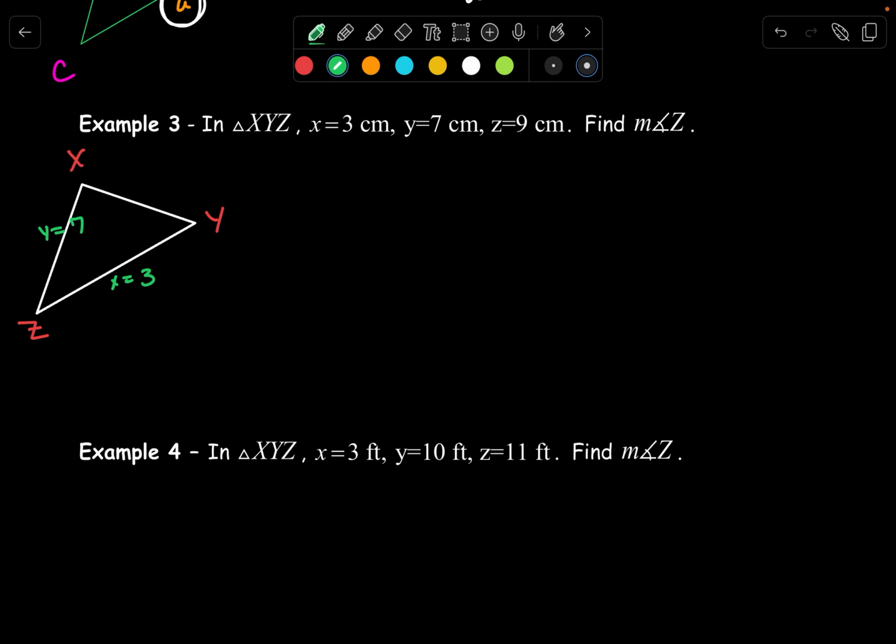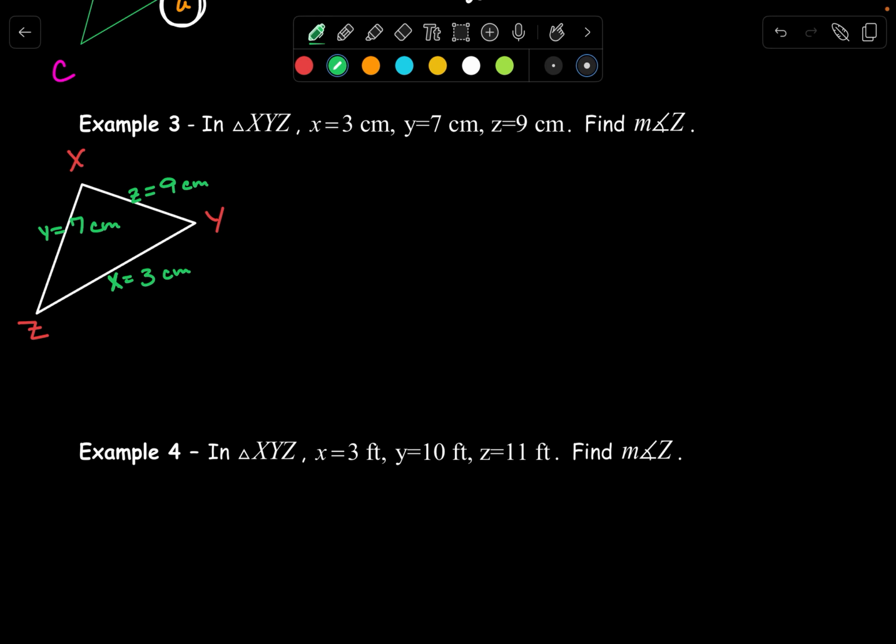Your triangle doesn't have to be perfect like on mine. There's no way that X is the longest side, but also the shortest. So your picture accuracy isn't hugely important. You just got to make sure that the correct sides are across from the correct angles.